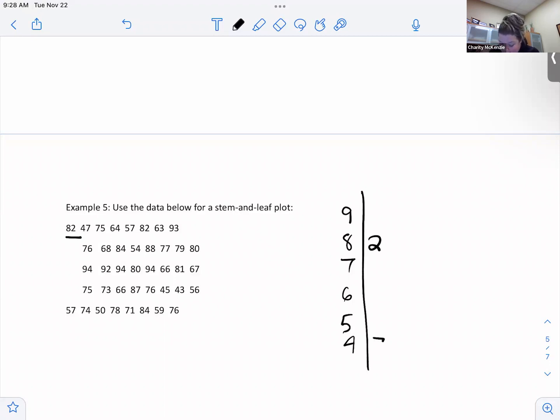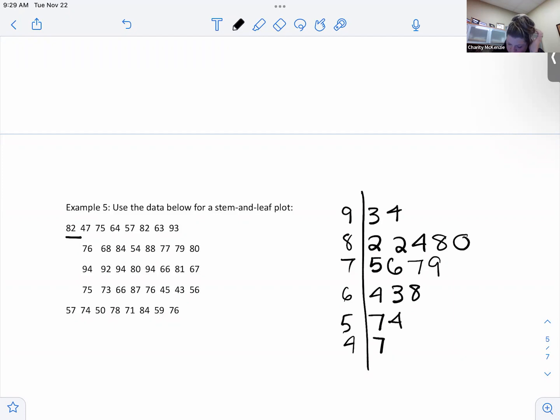Then we have a 47, then a 75, then a 64, 57, 82, 63, 93, 76, 68, 84, 54, 88, 77, 79, 80, 94, 92, 94, 80, 94, 66, 81, 67, 75, 73, 66, 87, 76.